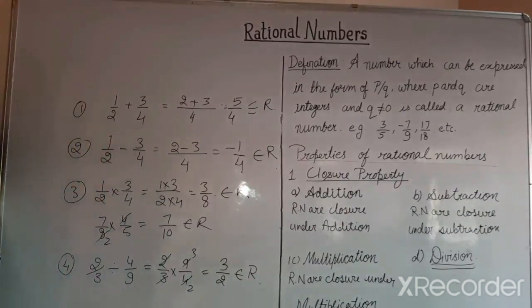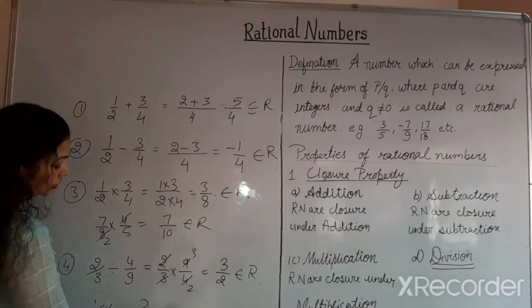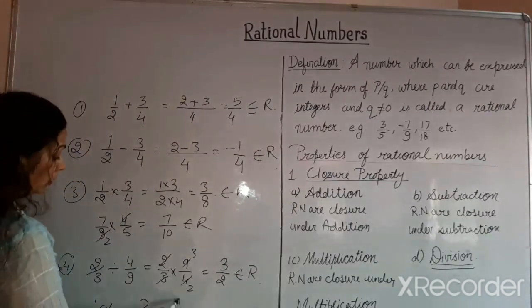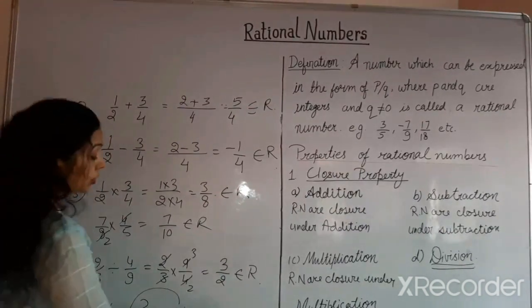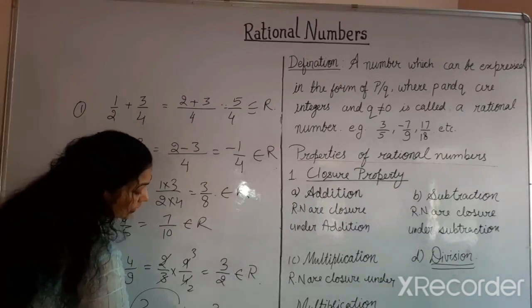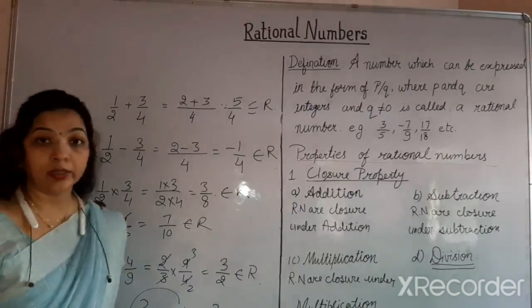But here we must not forget about 0. If we divide any rational number by 0, that number would not be a rational number, because any number divided by 0 is not defined. So division by 0 is not defined.